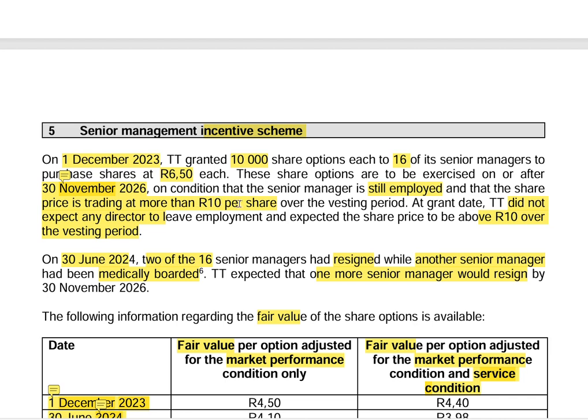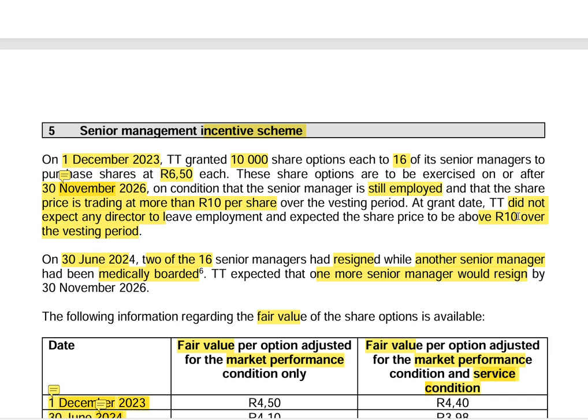That means the expectation is that for all the 16 employees to be entitled to the share-based payment award, they need to be employed 3 years later, which will be 30 November 2026, and the share price needed to have increased by 3.50 Rand. Then what happened?